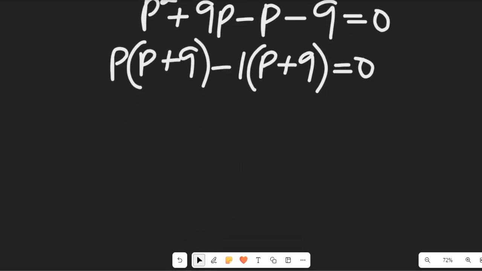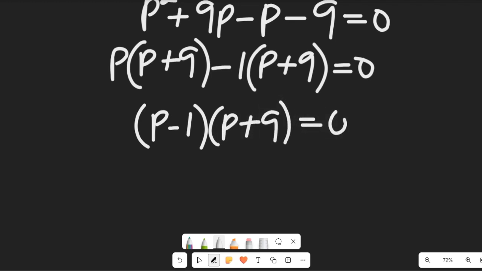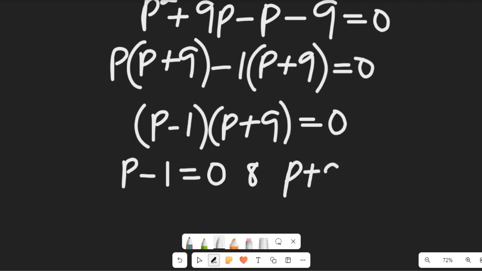Now, if I simplify this, I'm simply going to have two expressions, p minus 1 and p plus 9, both will be equal to 0. So considering the zero product rule, we'll have p minus 1 equal to 0, and also p plus 9 equal to 0.